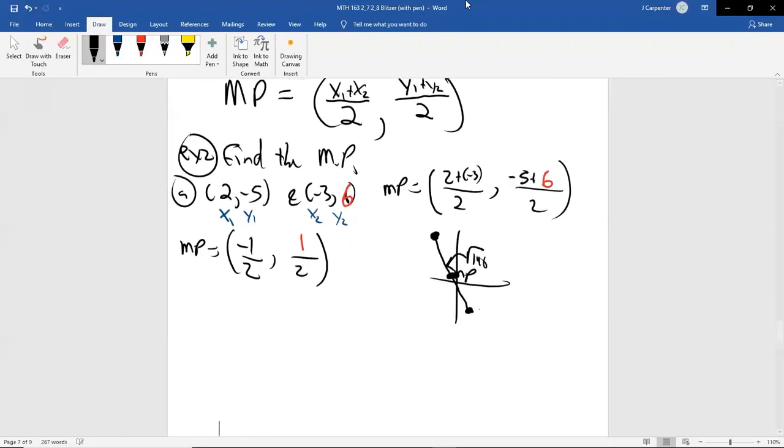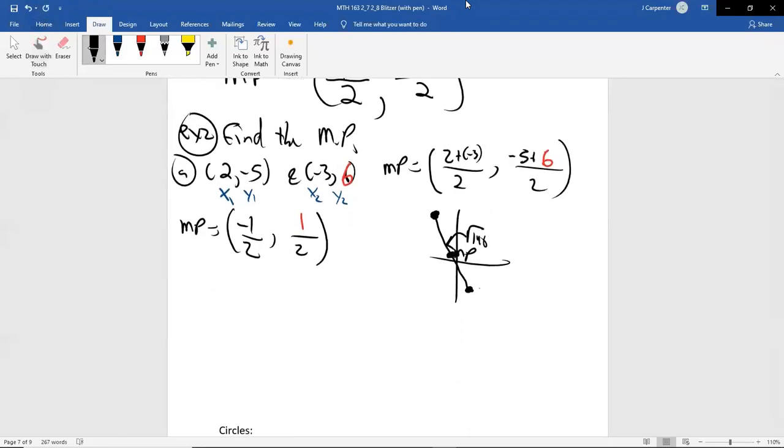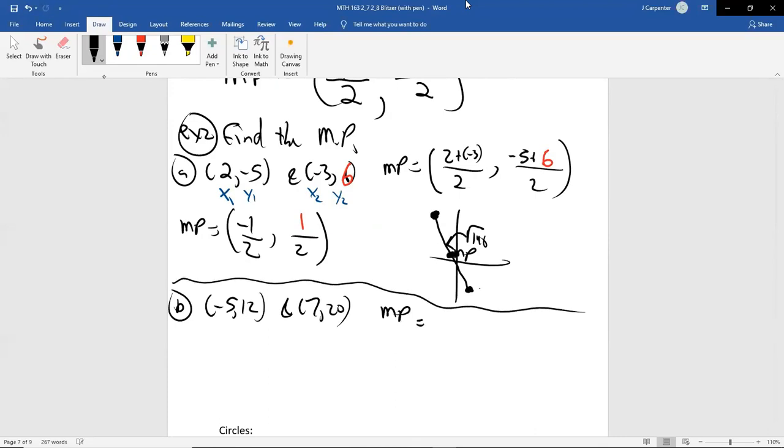All right. B, negative 5 comma 12, we're doing a different one, and 7 comma 20. So our midpoint. Average the x values, average the y values. Your x1 is the negative 5, the y1 is the 12, x2 is the 7, y2 is the 20.